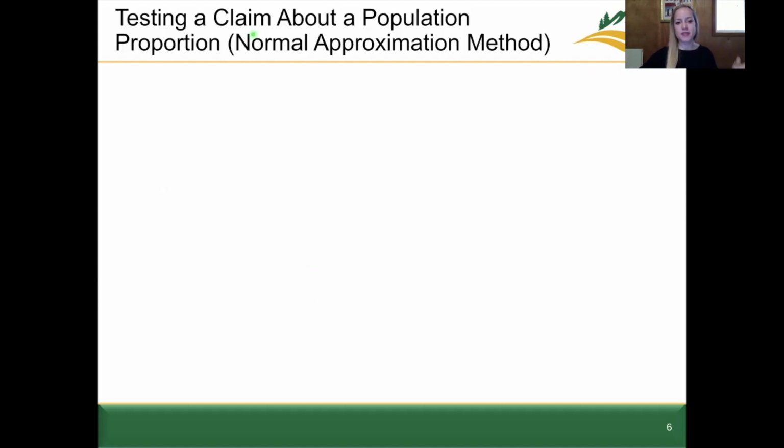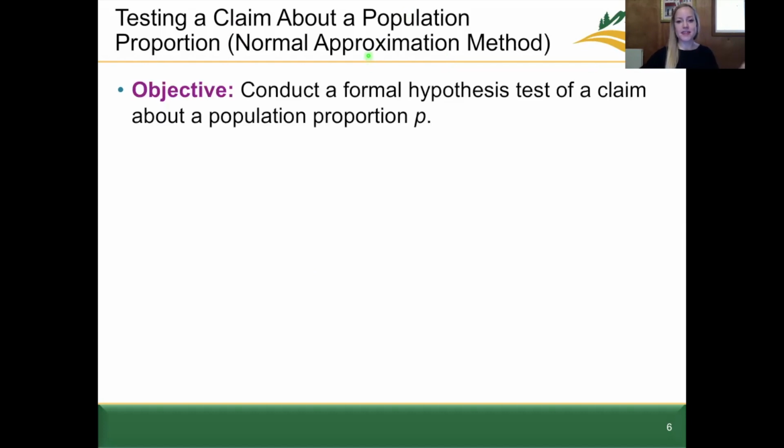Let's go through this method now. So testing a claim about a population proportion using a normal approximation method. The underlying objective in using this method is still to conduct a formal hypothesis test of a claim about a population proportion p. So this is our objective, but here we're going to apply the normal approximation method. Let's go through some notation now.